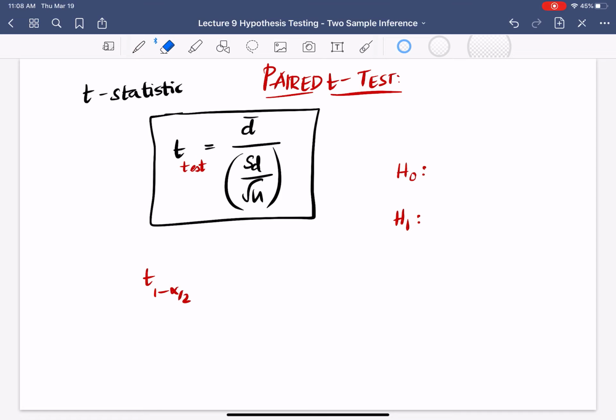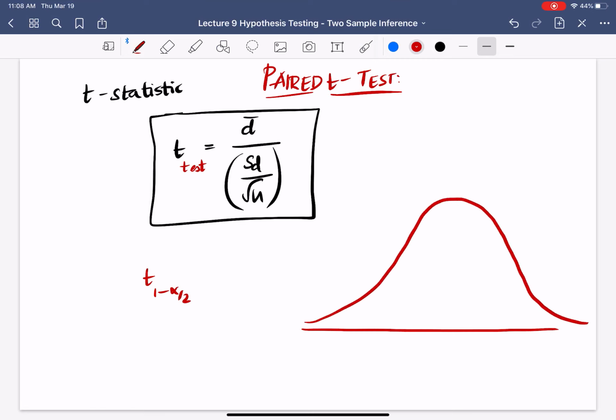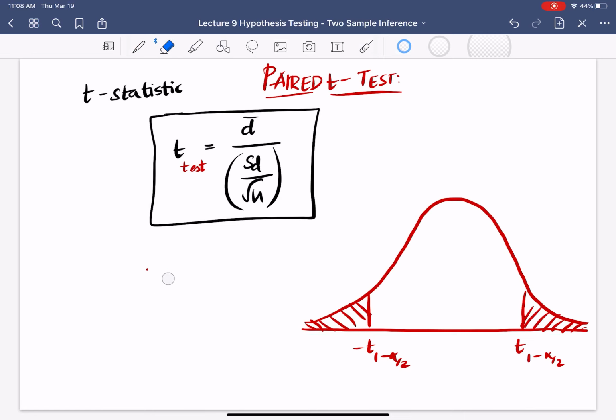If you consider the distribution, we have two values: t at 1 minus alpha by 2, and minus t at 1 minus alpha by 2. These are the t values taken. The region inside becomes the acceptance region, and the other two regions become the rejection regions.